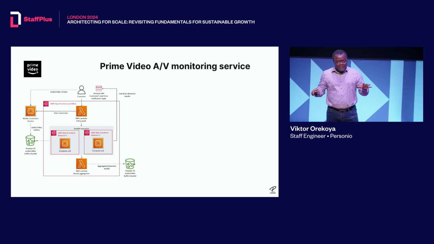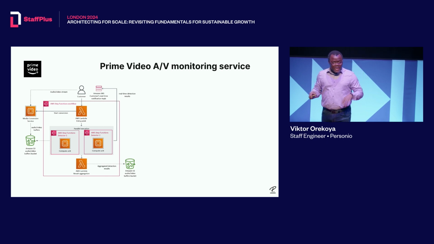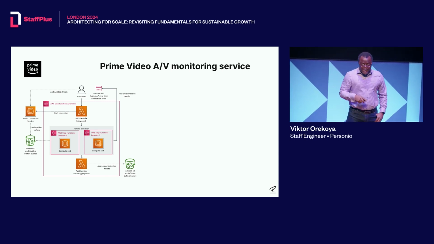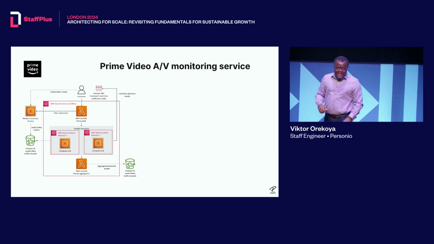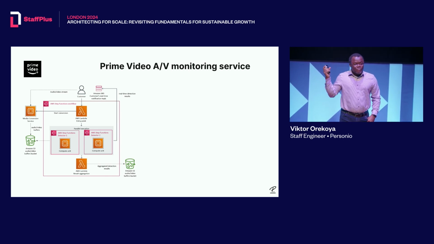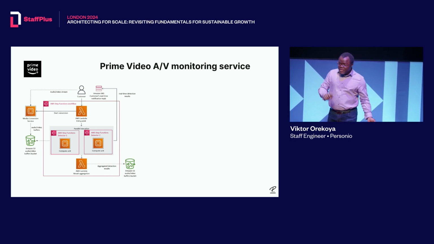And essentially, what they came up with was a bunch of lambdas shuffling data about between themselves. What they discovered in reality was that they wouldn't get beyond 5% of their scaling target. That shows you how wrong you can be when you do your calculations.